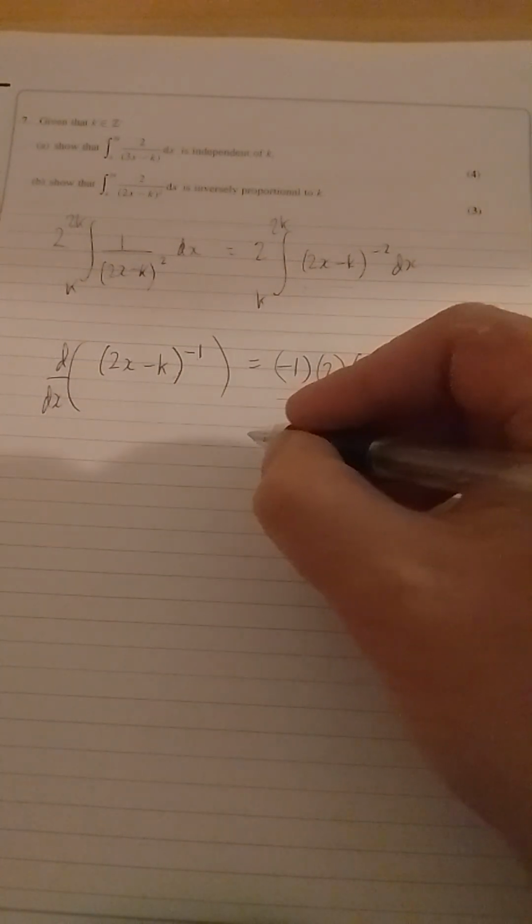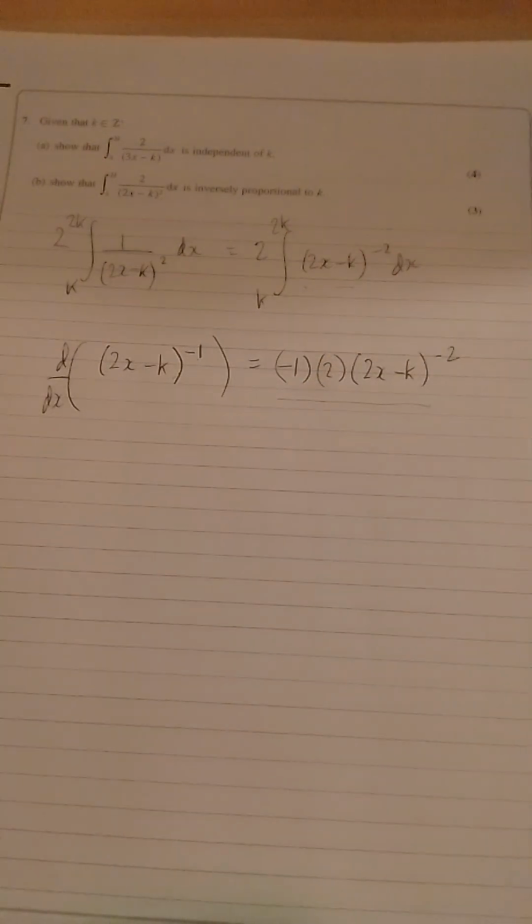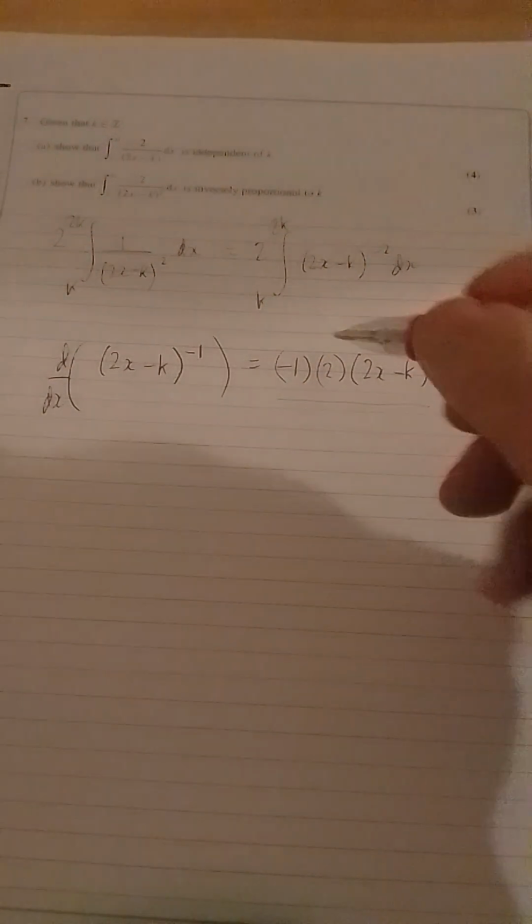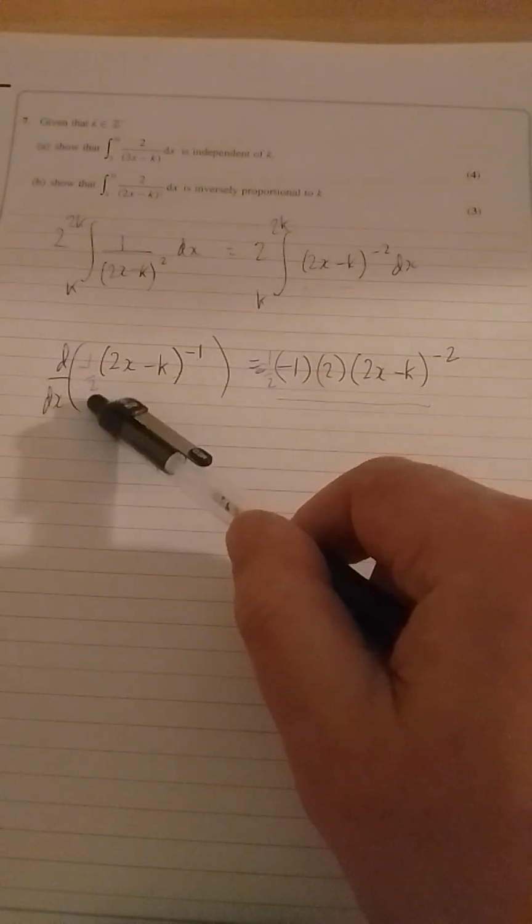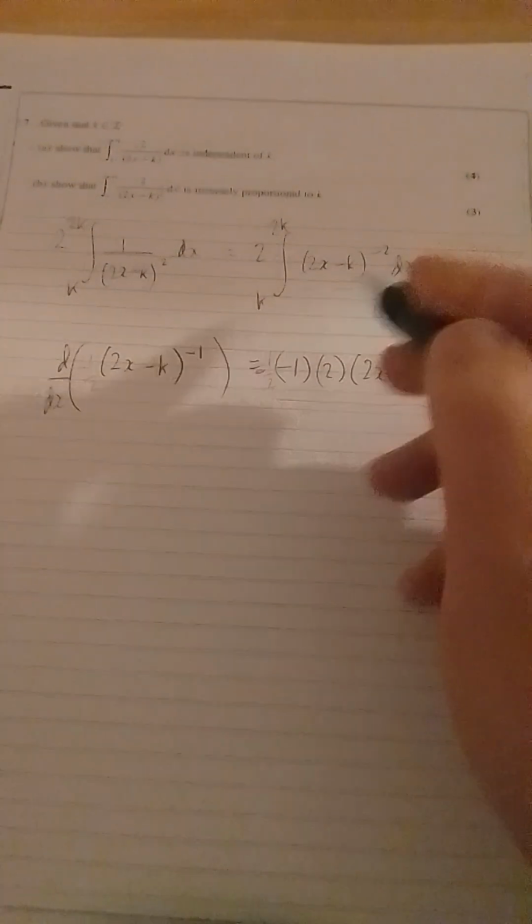So how could we make it exactly the same? We could multiply this by minus a half. So now, once I've put the minus a half in here, this is the correct integral of this.